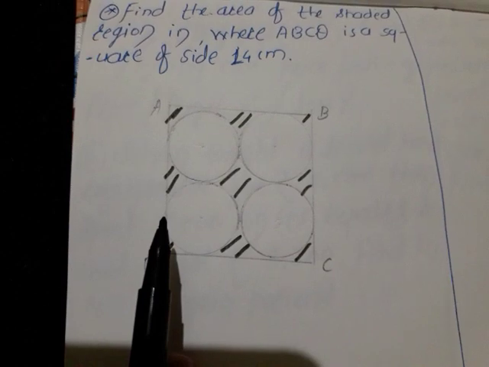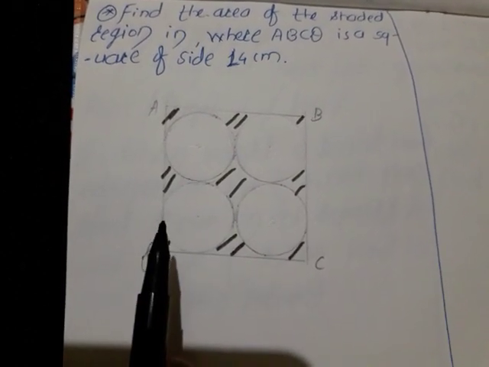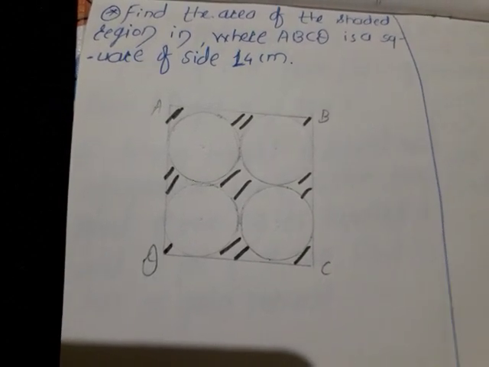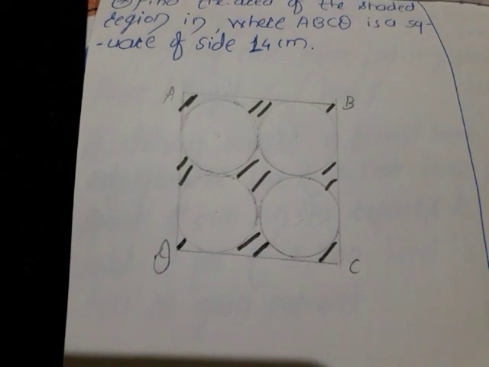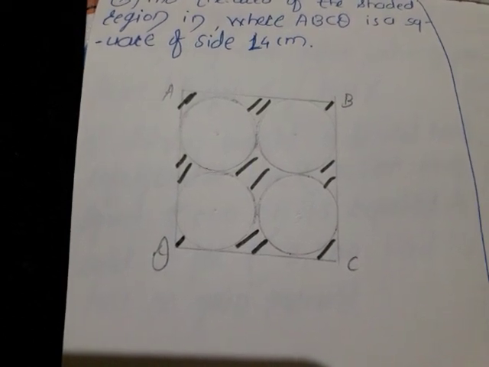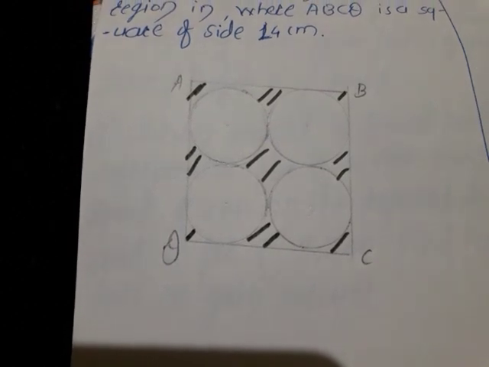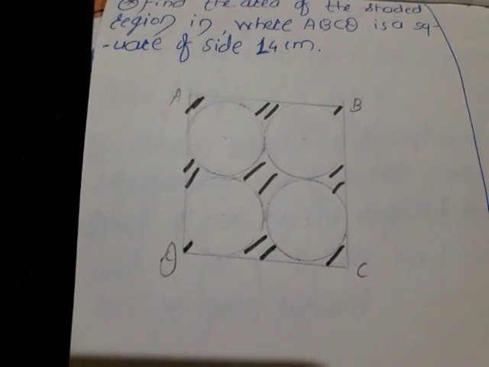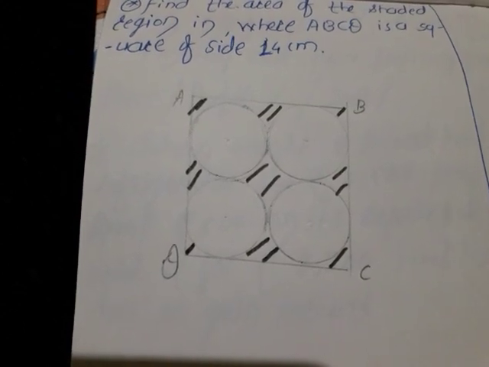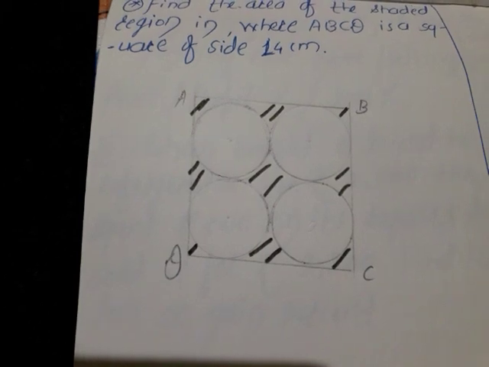Here this circle touches here, and then touches over here, which means the side of the square is nothing but the diameter of 2 circles. Suppose we want to find the diameter of one circle, then we have to divide the side of the square by 2, and we get the diameter of one circle.